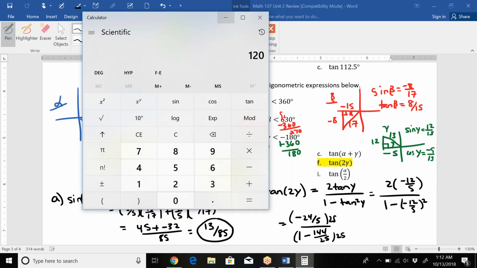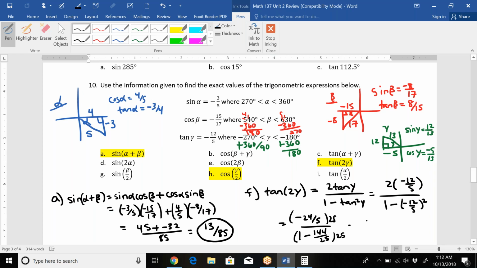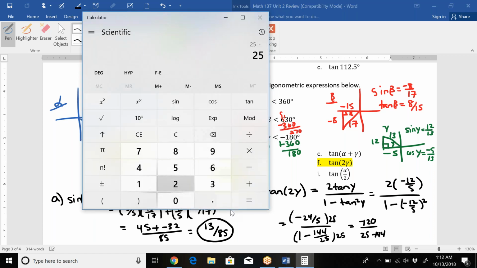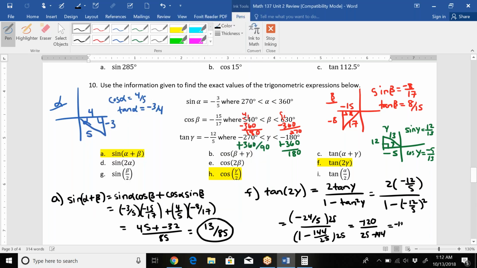So that'd be negative 120 on top over 25 minus 144. So 25 minus 144 is negative 119. So that's negative over negative, so that'd be positive 120 over 119.